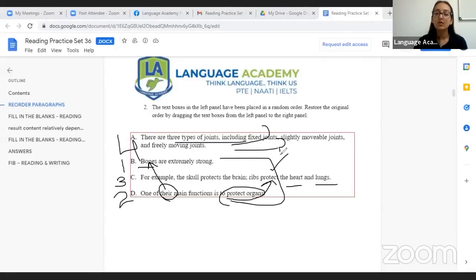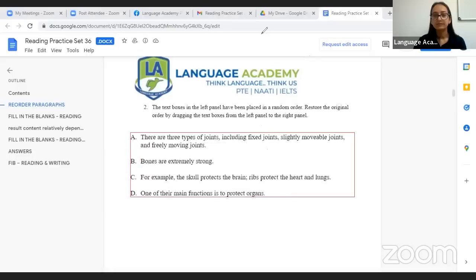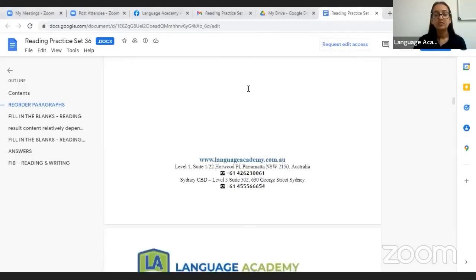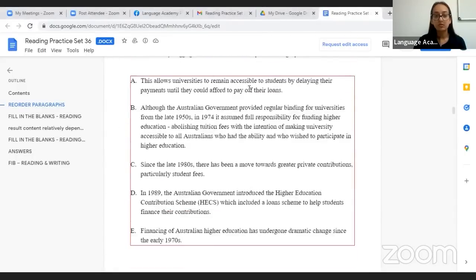How can we start talking about bones after that? Is there any relationship given? So this was BDCA. Make your rules stronger. Go through the strategy class again if you do not remember the rules of reorders, because they are very easy and very important to get the right answers.